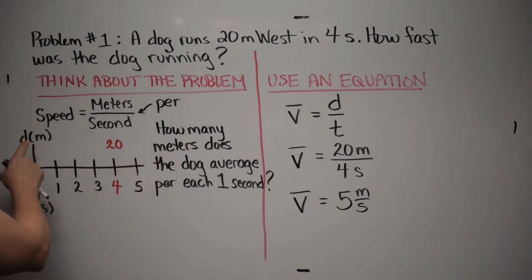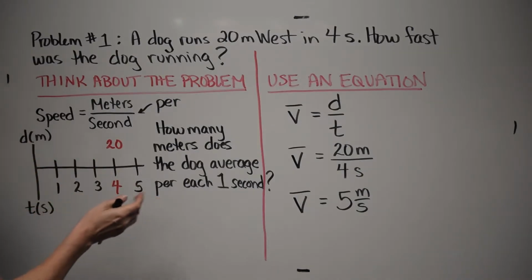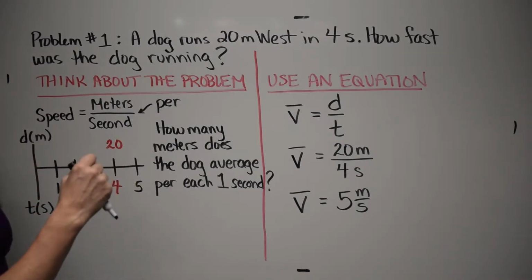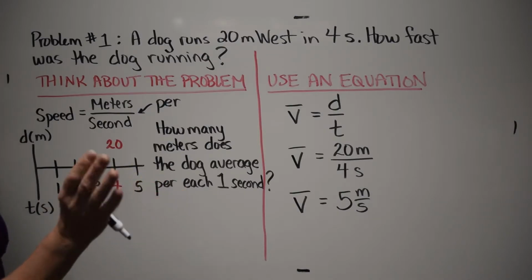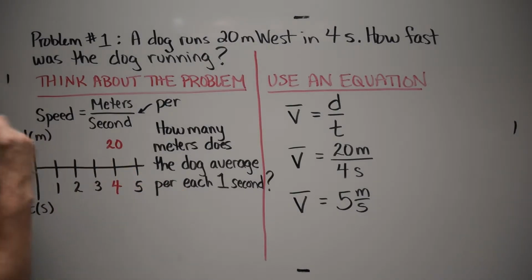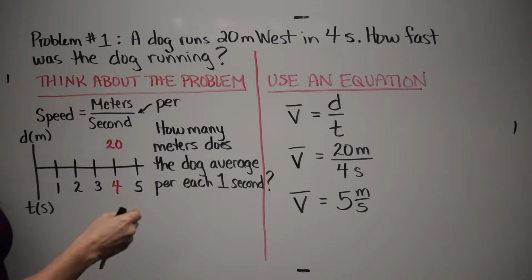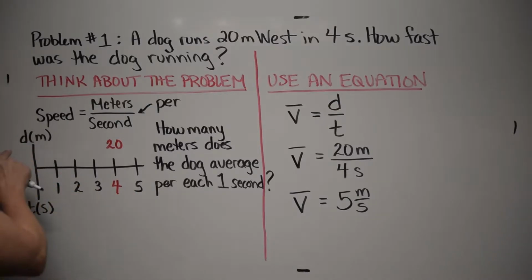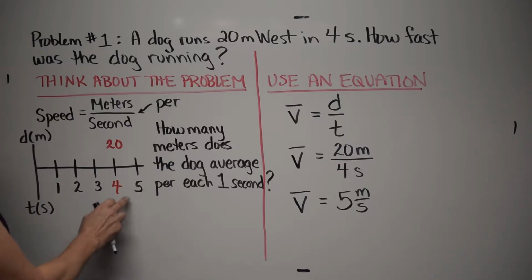Now, we've got a number line here to help us out. Again, use little sketches, diagrams, number lines, graphs, whatever it takes to help you think about the problems. So here we have a number line. We've got distance on top and time on the bottom. For time, I just put 1, 2, 3, 4, 5.